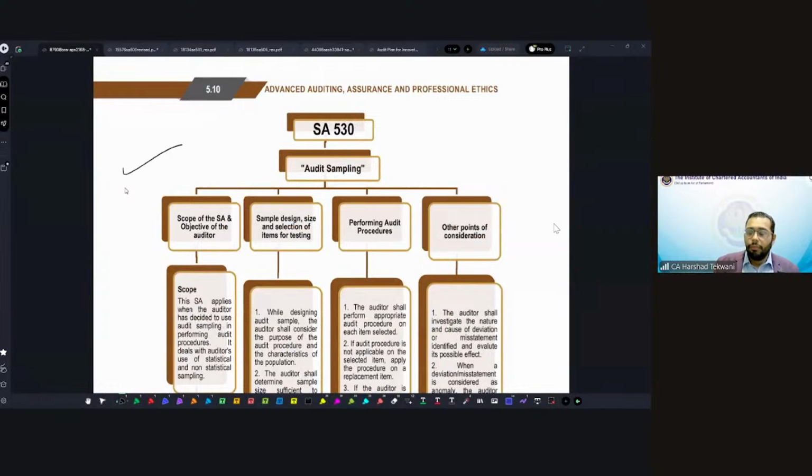Because these standards are already covered in your intermediate, you have a quick chart for quick revision over here. But I'm taking every standard in full detail. That's why we discuss the standard from the bare text itself. You have a very good chart on page number 510 on SA 530. Any doubts?